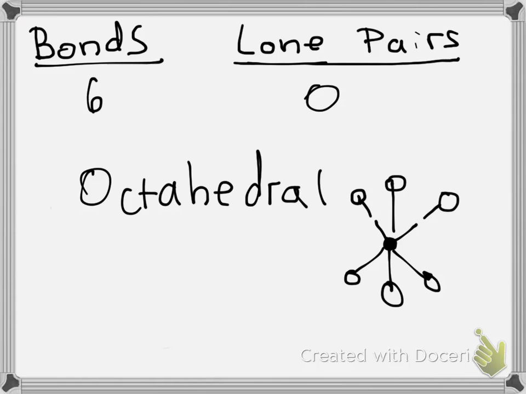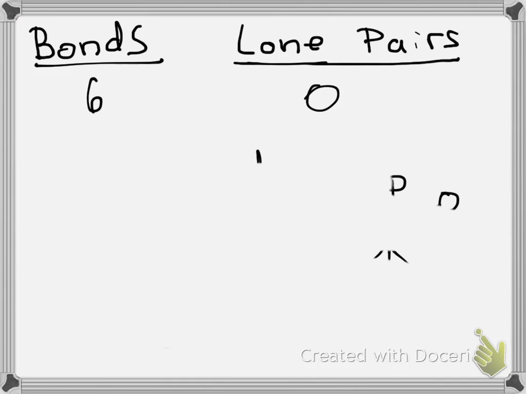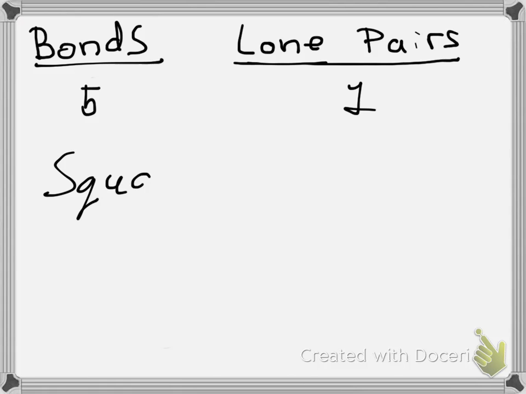Alright, and only 2 more. So we just left the 5 category, and now we're going to the second one in the 6 category. And so this one's 5-1, and this one's a square pyramid.